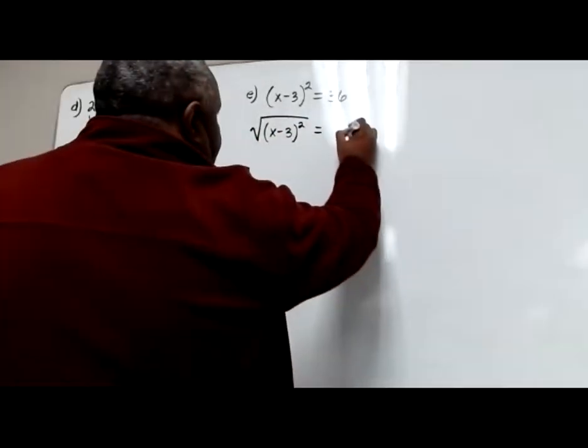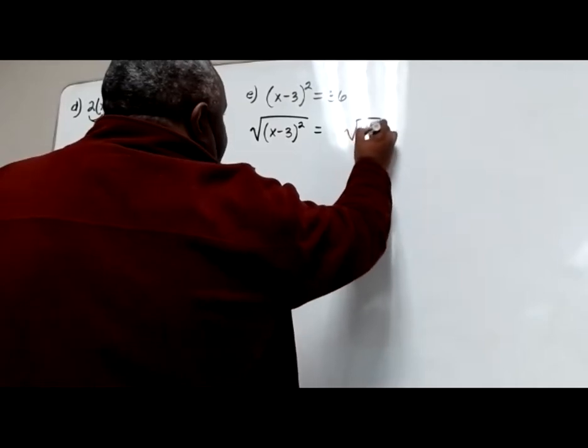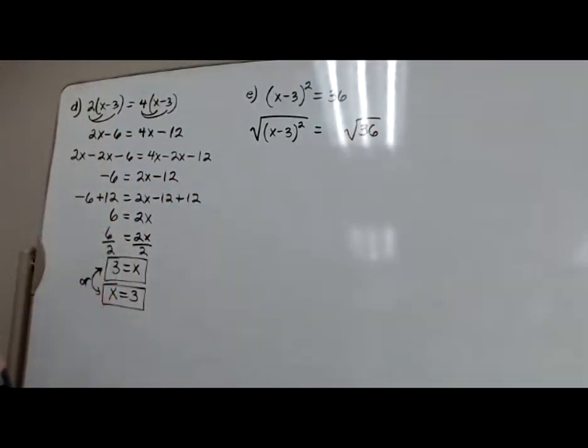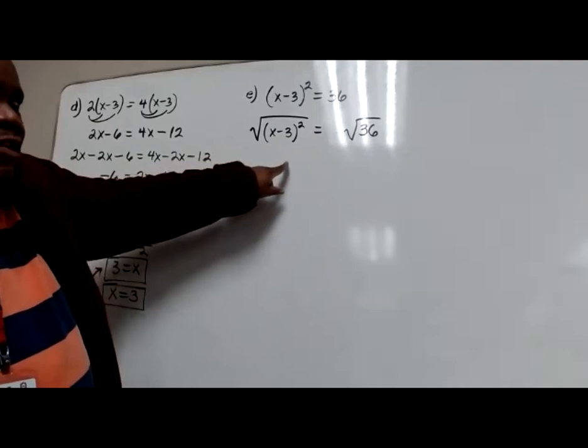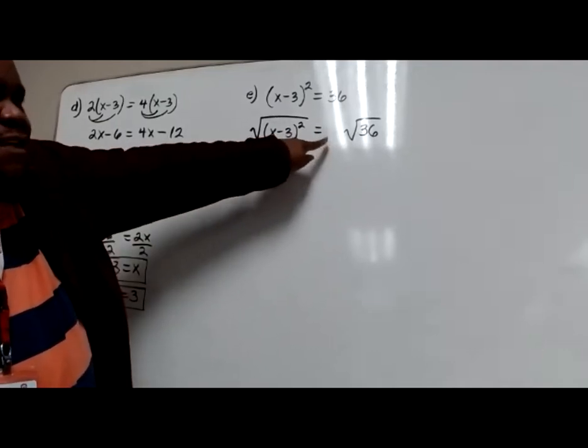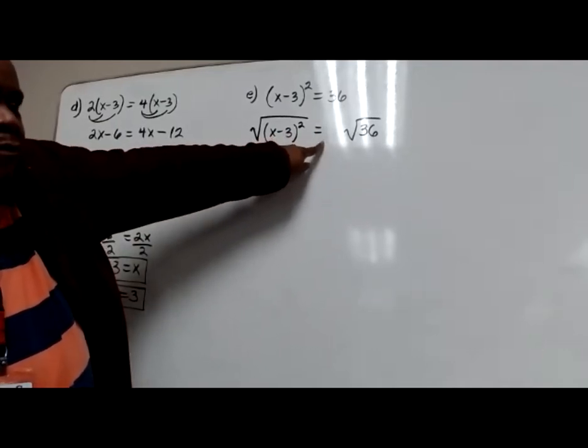And I also have to take the square root of 36. But what's missing? There's something missing here. Anytime I take the square root on both sides of an equation, I need a symbol right here in front of it.